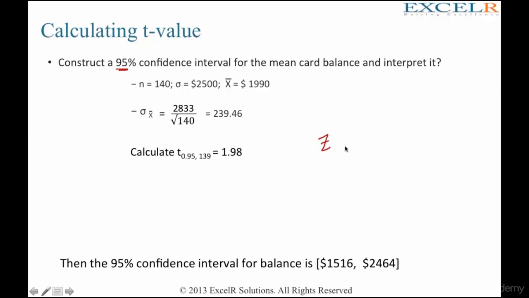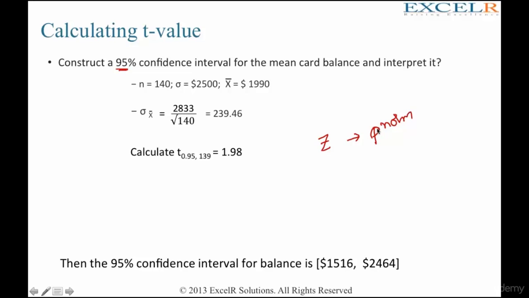From the z value in the previous tutorial, we calculated the probability value either using z table or using the R function called pnorm. Sorry, qnorm, my bad.